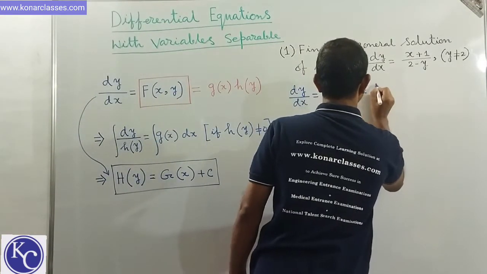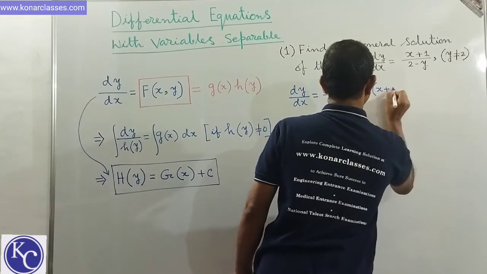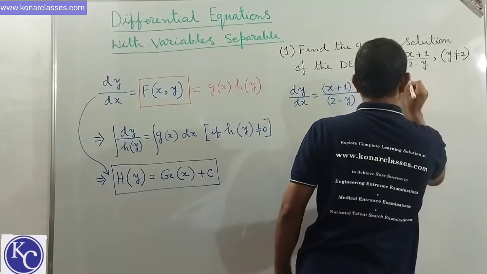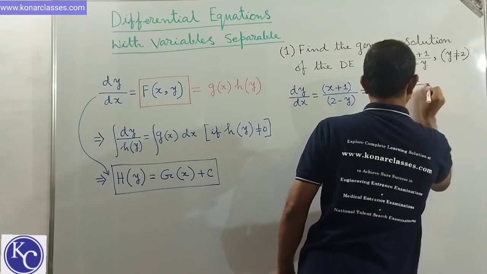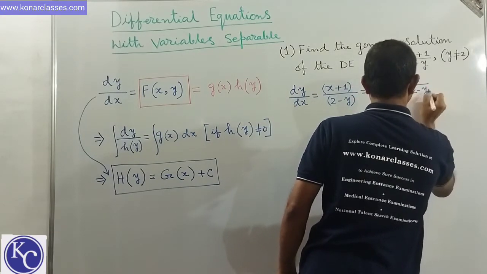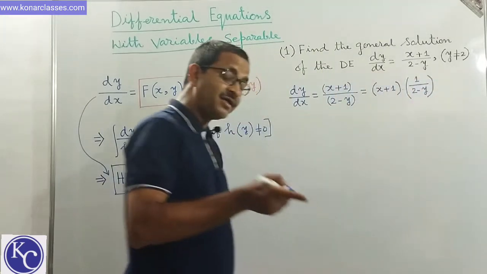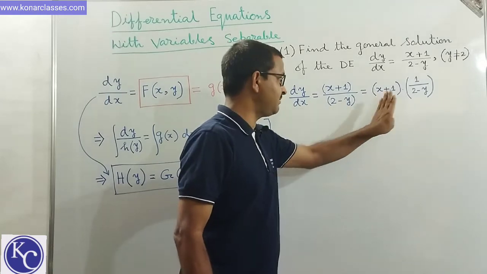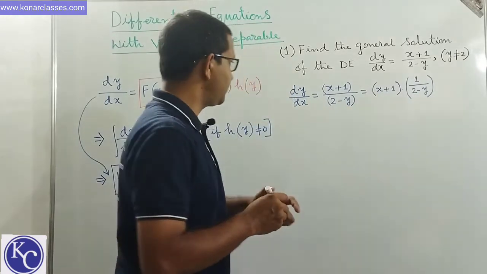The first function is on x, that is x + 1, and the second function is 1/(2 - y). As we are able to express this given function as a product of two functions, what can we do now?